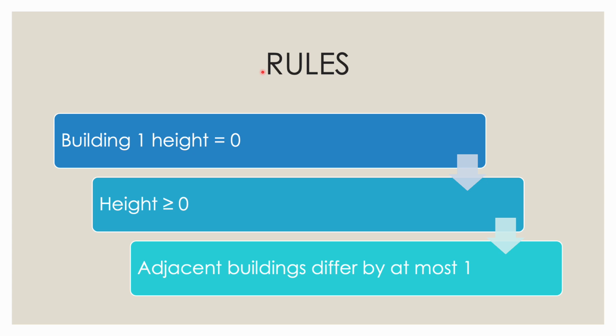The third rule says that if I have adjacent buildings, their height can differ by at most 1. So what does this mean? It means that let's suppose I have a building with height h. Its adjacent building could have 3 possible values: h minus 1, h, or h plus 1.